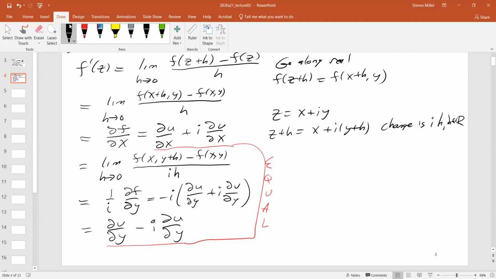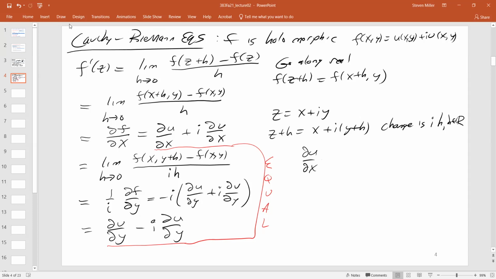So we now know that du dx plus i dv dx equals dv dy minus i du dy. So what's the only way two complex numbers can be equal? They have equal real parts and equal imaginary parts. You think of a complex number as a vector, as a tuple. So the real parts must be the same and the imaginary parts must be the same.